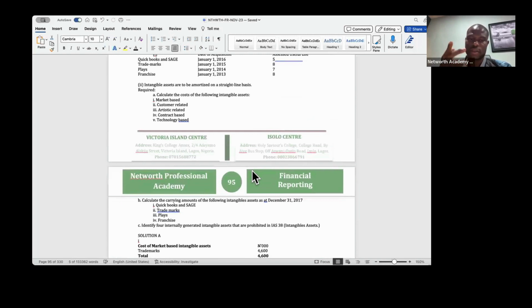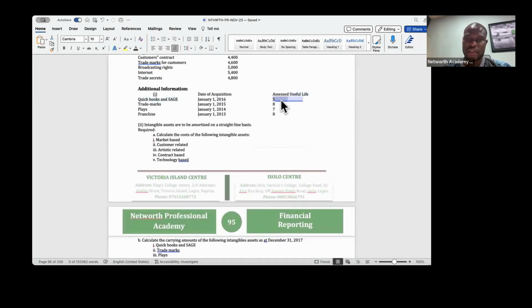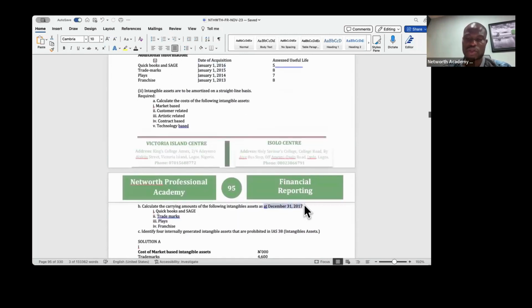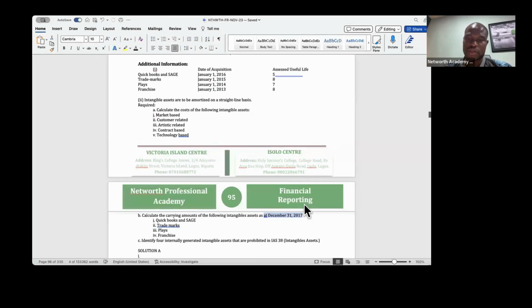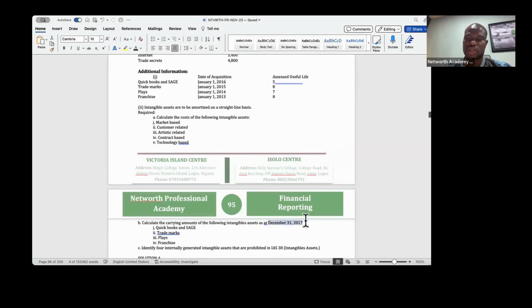That's the cost. I determine my accumulated amortization. I'll look at the useful life, 5 years. When did I buy it? 2016. When am I determining this carrying amount? 2017. Good. So that means I bought it like 2 years ago. If I bought it in 2016 and I'm doing my account in 2017, that means 2016, 2017. So I bought it 2 years ago. So if I want to get my accumulated depreciation, I will just do 950 divided by 5.